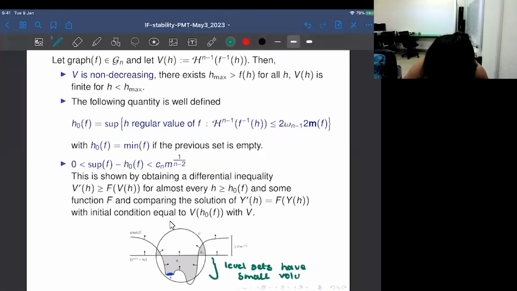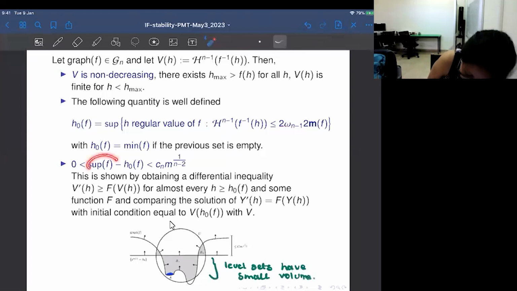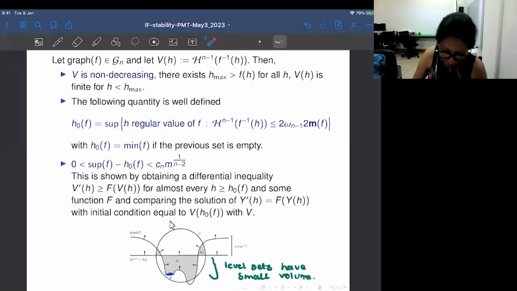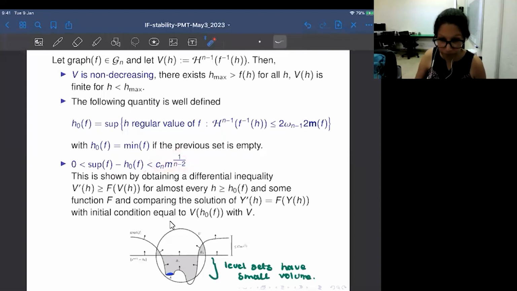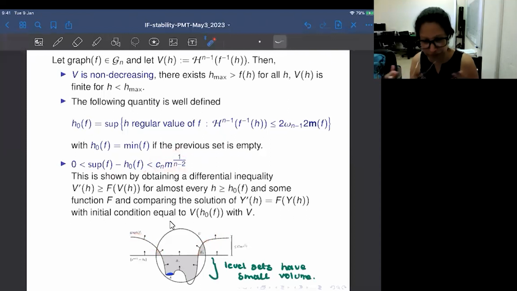And above that level set, what is going to happen is that f is not going to be very big. So actually the supremum of f minus this height H0 is going to be bounded by this expression that also only depends on the mass of our graph. Okay, so this is going to look, in the Euclidean case, I would say flatter and flatter. So this would look more like hyperbolic space.